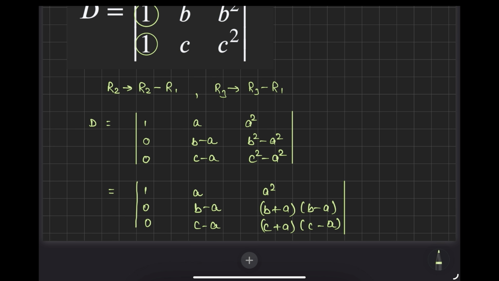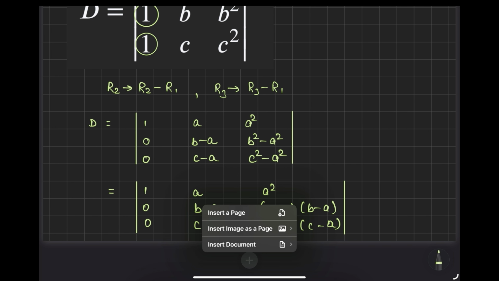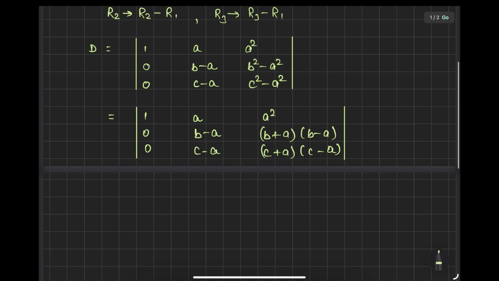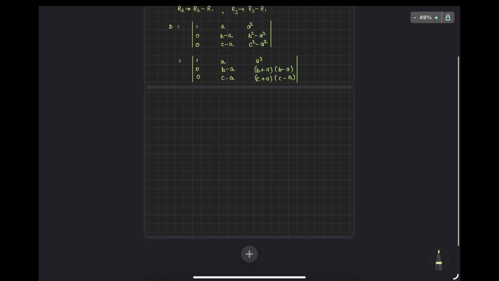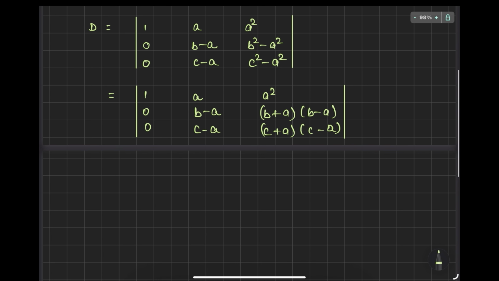Now you know that if there is a possibility of taking something common from the determinant, you should take it common from a particular row or particular column, correct? So look at this, you have b minus a over here, you have b minus a over here. So can I take b minus a common from row 2? B minus a.